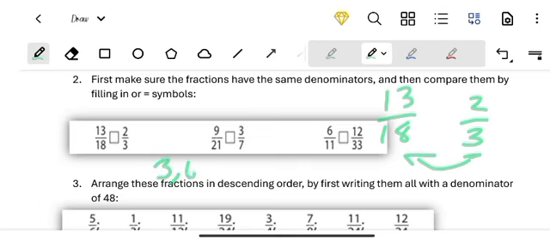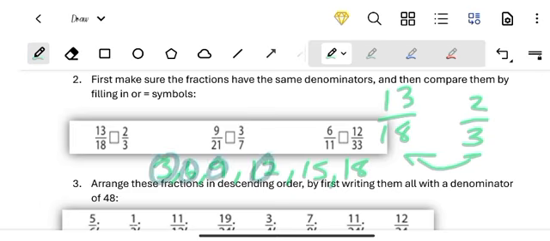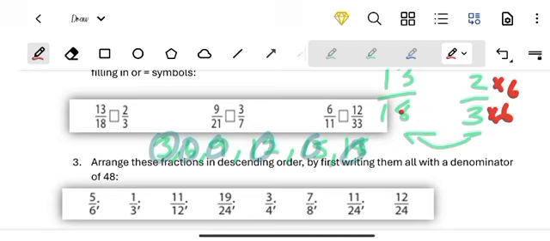We have 3, 6, 9, 12, 15, and 18. It's 1, 2, 3, 4, 5, 6. So 3 times 6 gives us 18, so we also say 2 times 6, which is 12, and that is going to be 12 over 18.